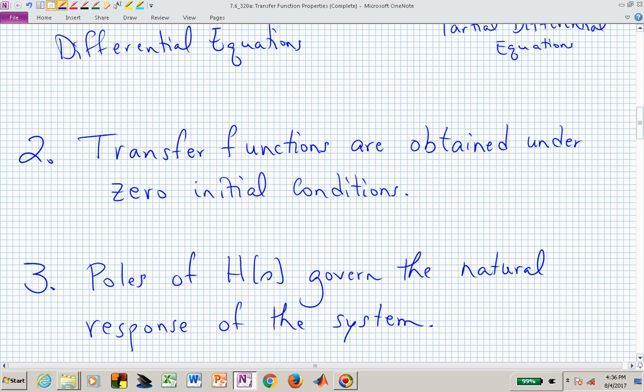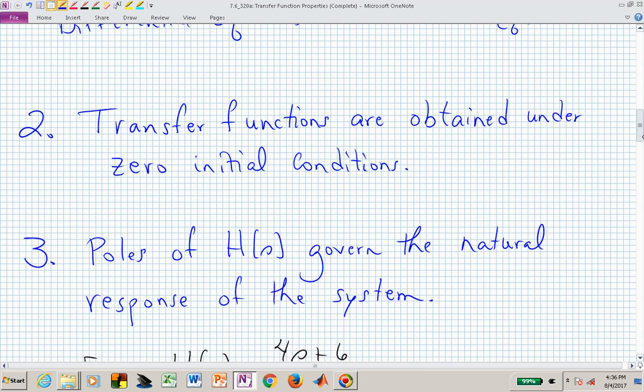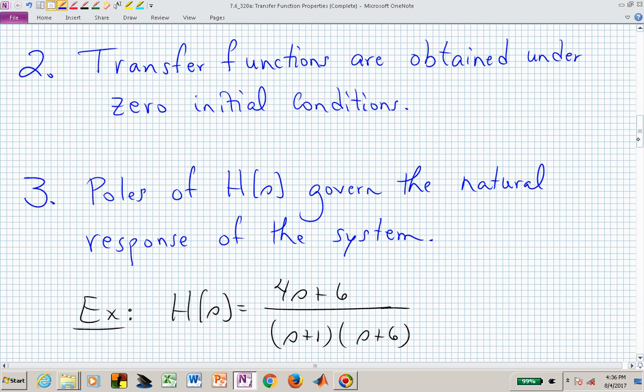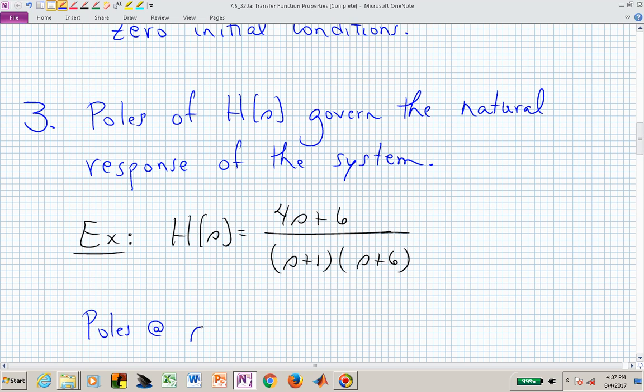Another property of transfer functions is related to the poles. The poles of H of s are the values of s that cause H of s to go unbounded. Those are actually the values of s that make the denominator vanish. In this example, our poles are at s equal to -1 and s equal to -6.